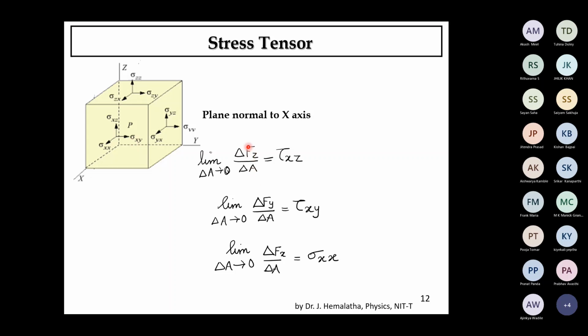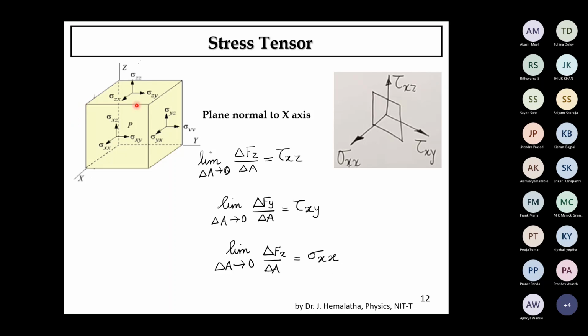So when the Z component is acting on a plane perpendicular to the x-axis, it is tau xz, the next one is tau xy, and the normal component is sigma xx. So we require all 9 components to explain the total stress experienced by the point P, right?